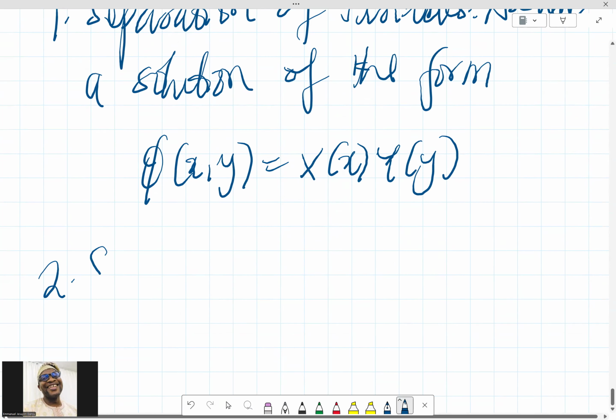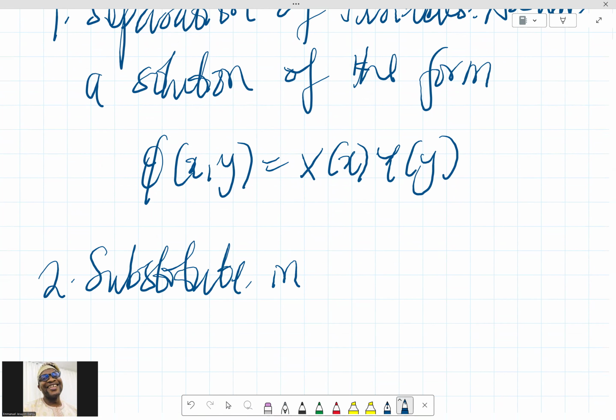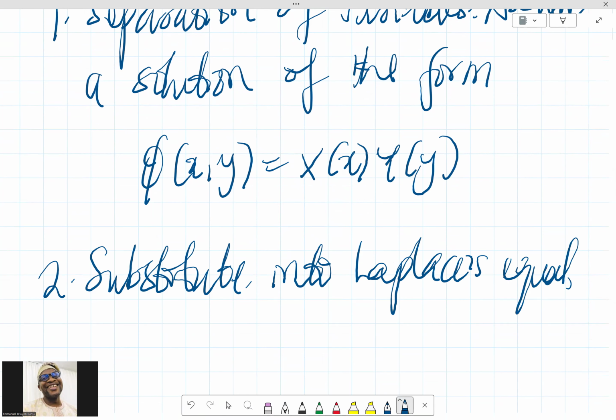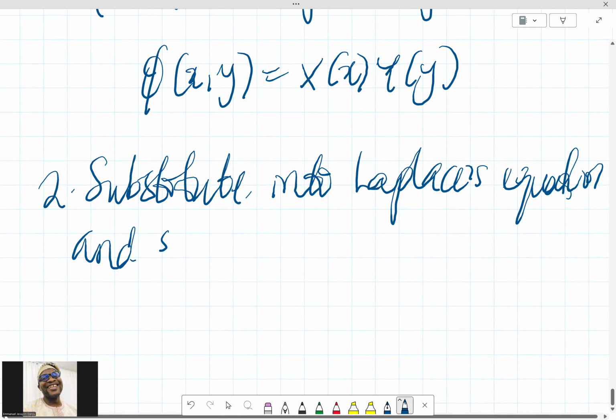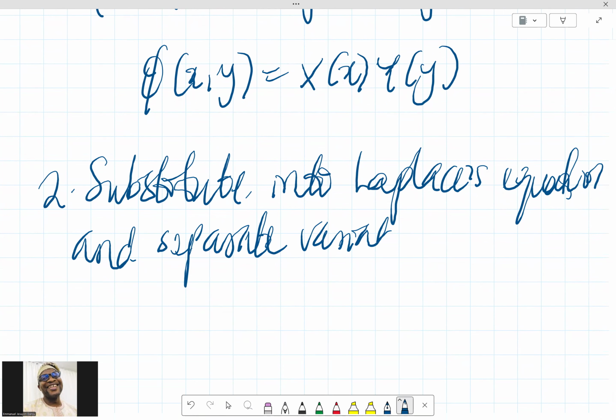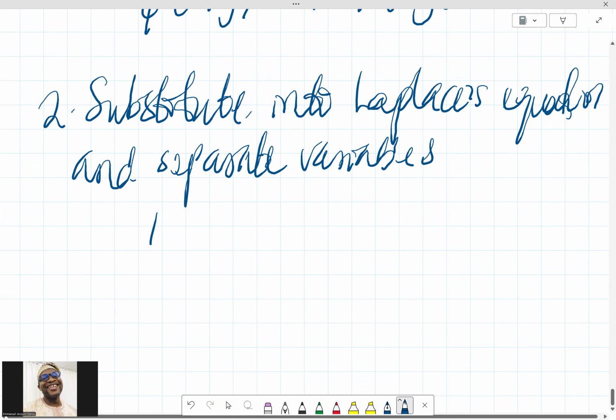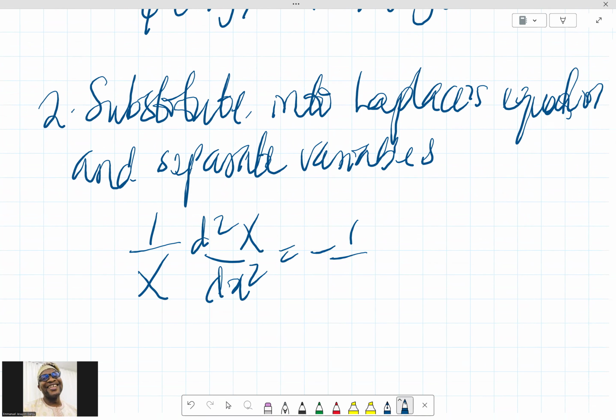Then number 2, we substitute into Laplace's equation and separate variables. So that simply gives us 1 over X, the second derivative of X with respect to x squared, equals minus 1 over Y, the second derivative of Y with respect to y squared, equals lambda.